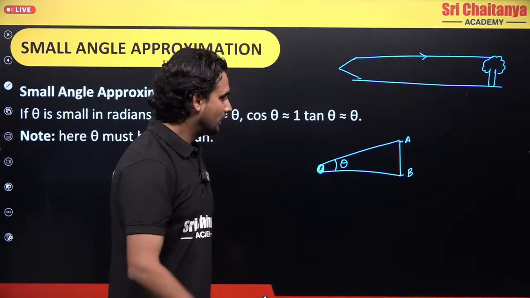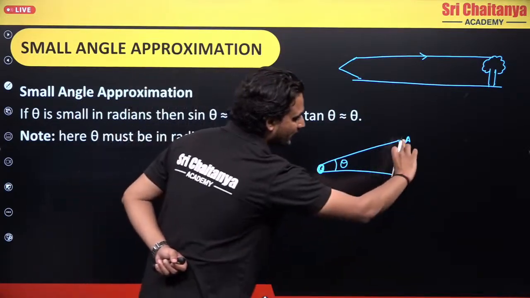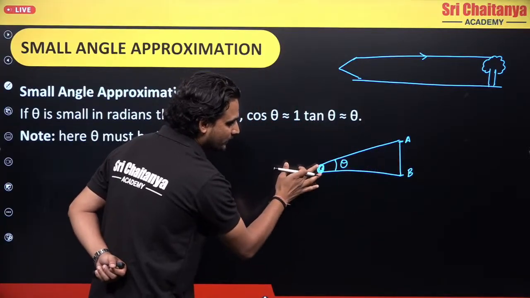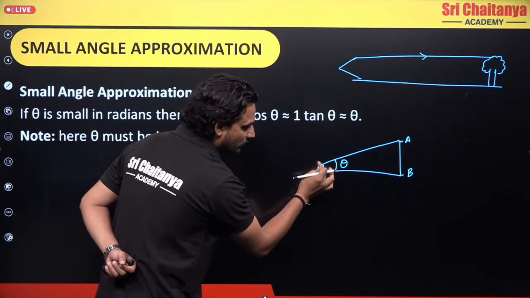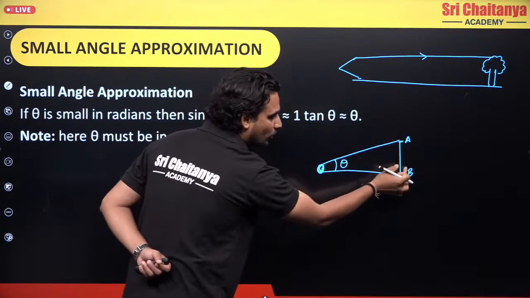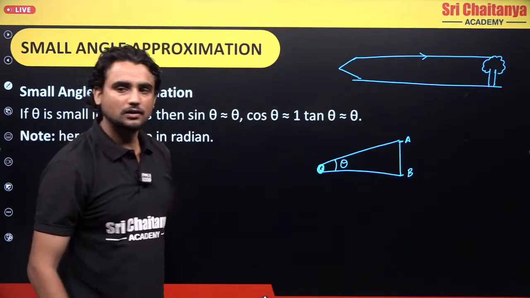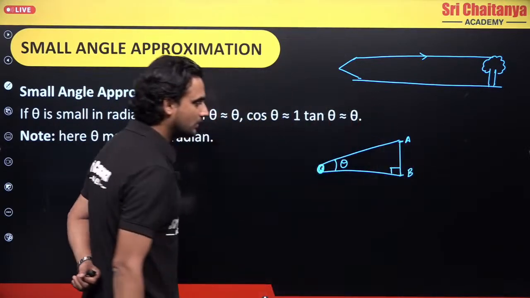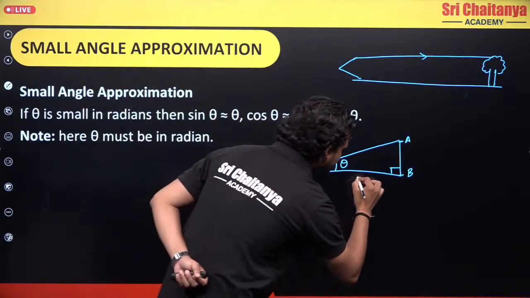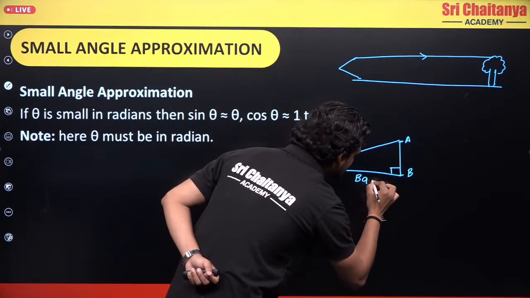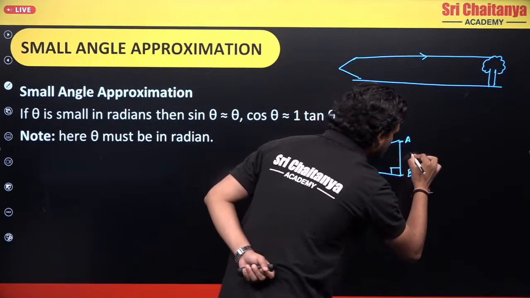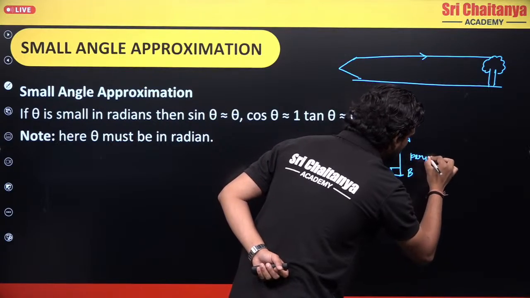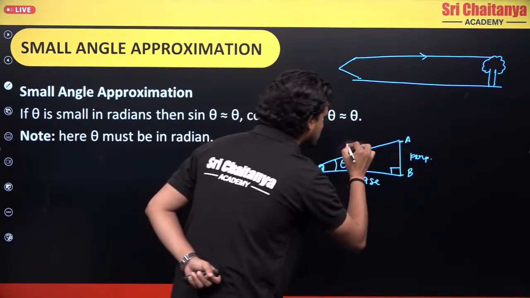So again, this AB is an object, and this is the angle subtended by your eye onto that object. Let's say this is the perpendicular, this will be the base, and this will be the hypotenuse.